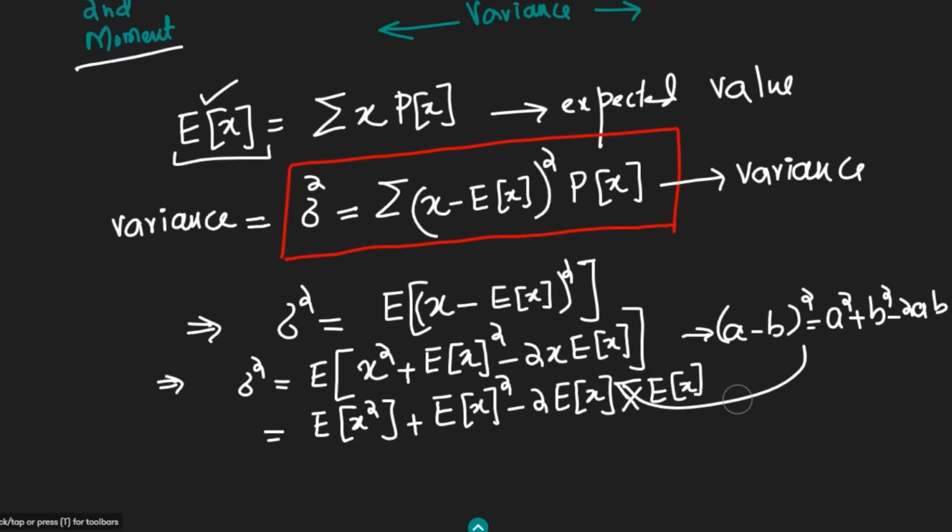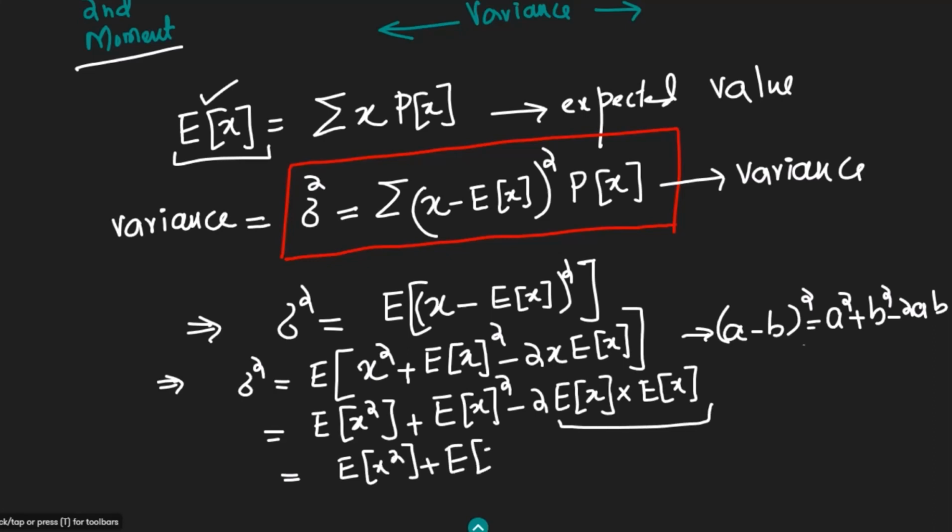Multiplied by expected value of x. These two multiply together, and I get expected value of x square plus E x whole square minus 2 E x whole square.